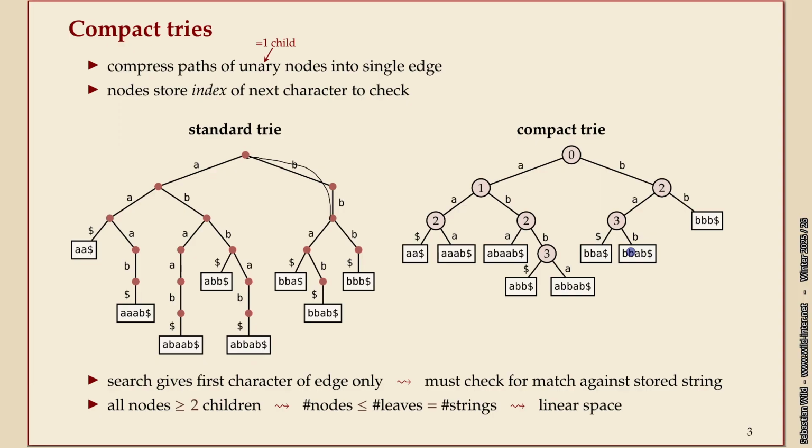This has one good consequence, namely there's no unary nodes anymore. By definition, we've gotten rid of all of those. So all the remaining nodes in the tree or in the trie are at least binary. And that means you can bound the number of internal nodes that we have. It's a similar argument as you've used in the tutorial, the first problem for this week about the graphs with degrees, the handshake lemma.